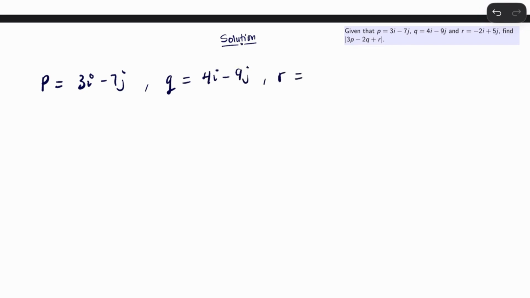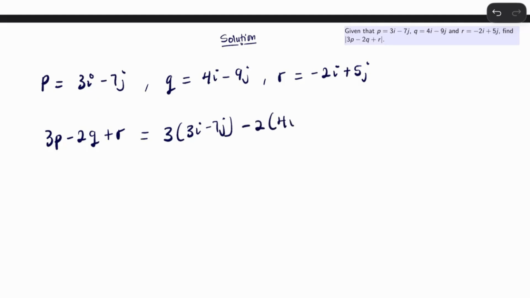And R is given as minus 2i plus 5j. Now let's compute 3P minus 2Q plus R. So we're going to have 3 multiplying P, so that's 3 times 3i minus 7j. Then minus 2 multiplying Q, that's 4i minus 9j. Then plus R, which is given as minus 2i plus 5j.